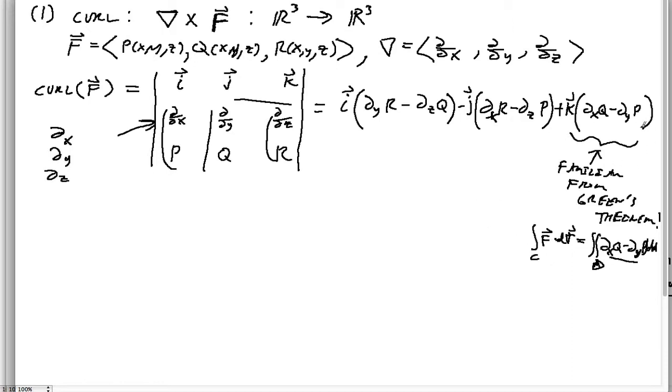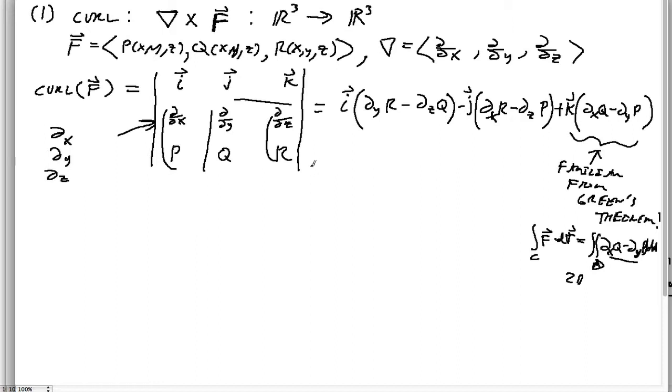We see some familiar objects built inside this curl, and in fact Green's theorem really is an expression of what the curl can do for us. That was in 2D, so we can think of the curl as a generalization of some of the same ideas we were discovering with Green's theorem. All right, so this is how we calculate it. The question then is, how do we make some meaning out of it?